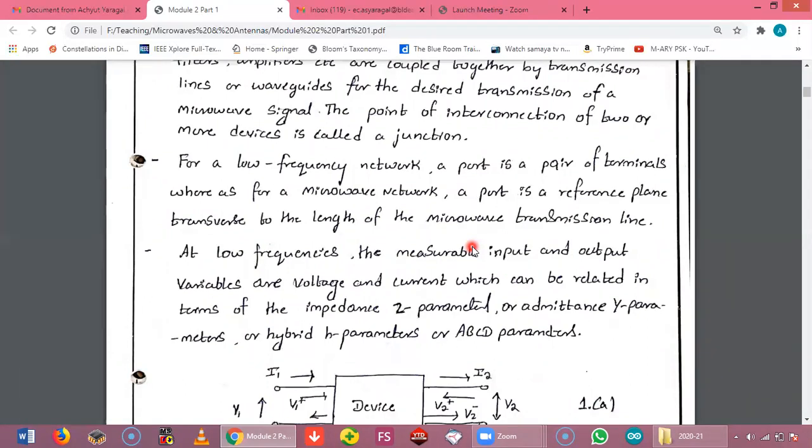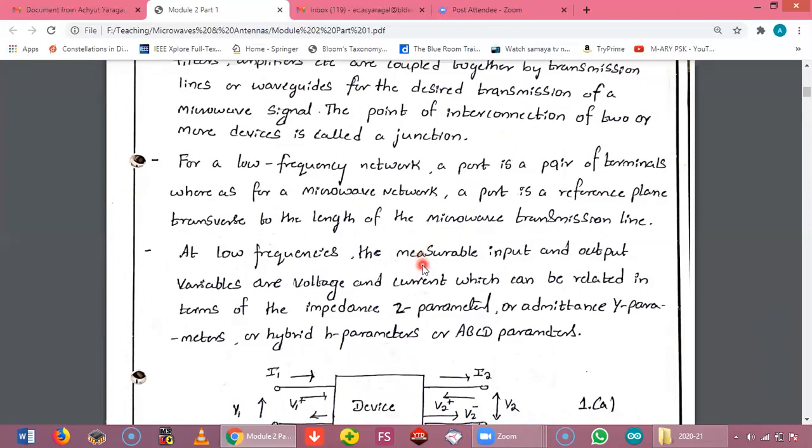At low frequencies, whatever the currents and voltages are, we are able to measure them with the help of impedance, that is Z parameters, admittance, Y parameters, and hybrid parameters, H or ABCD parameters.